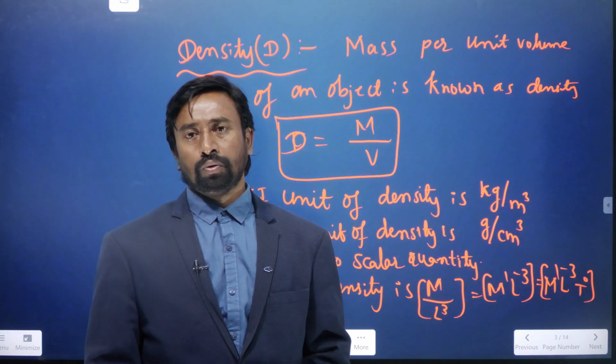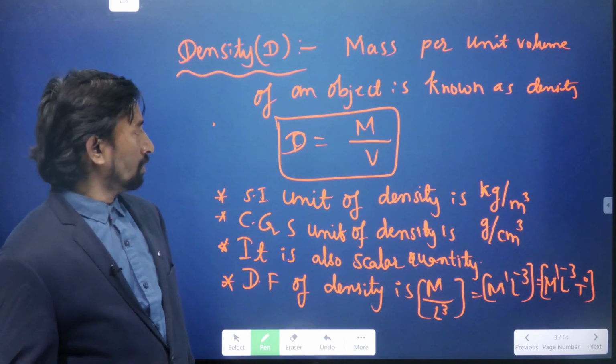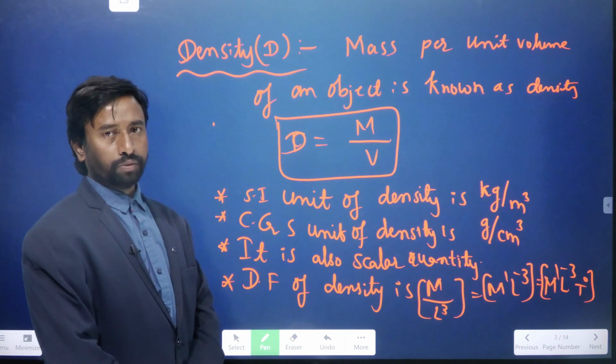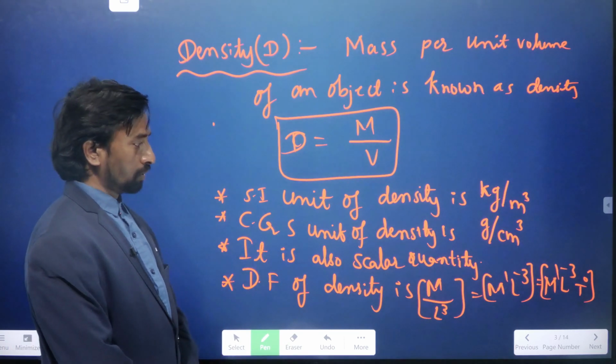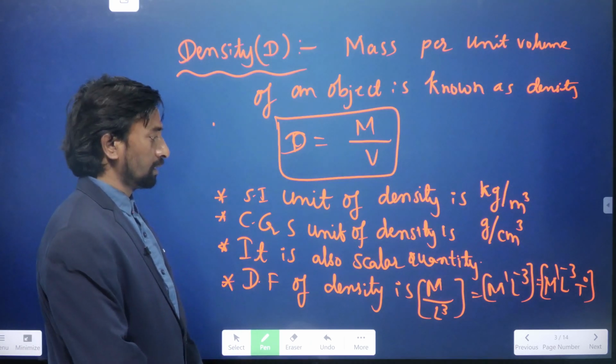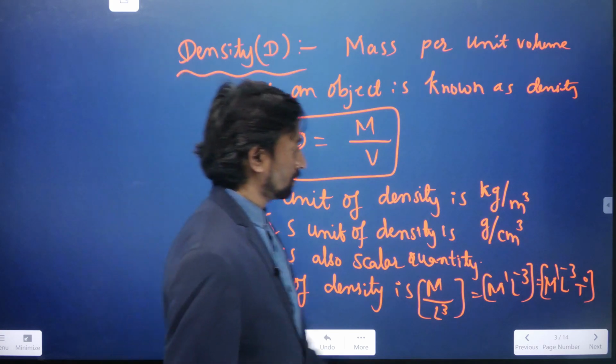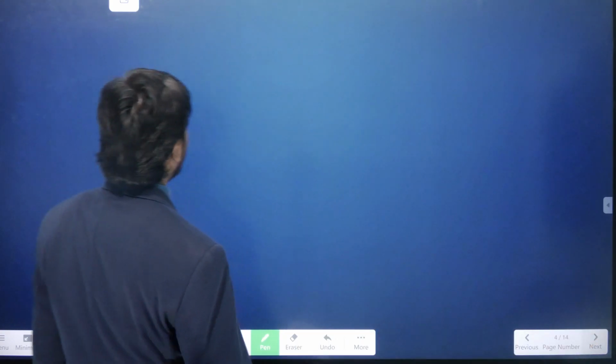To study fluids, we require the physical quantities density and pressure. By using density and pressure, we are going to discuss. Now there is one more physical quantity after density, that is relative density.